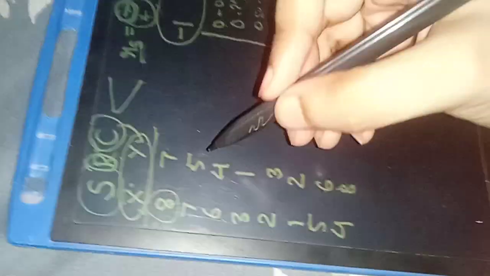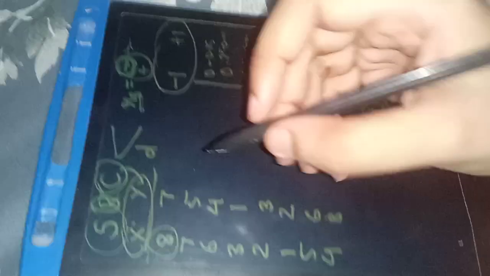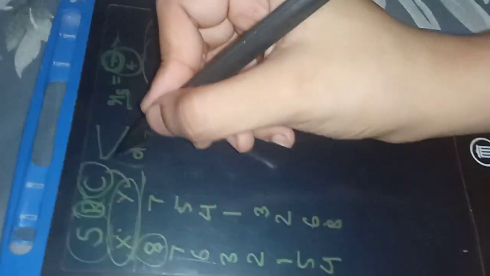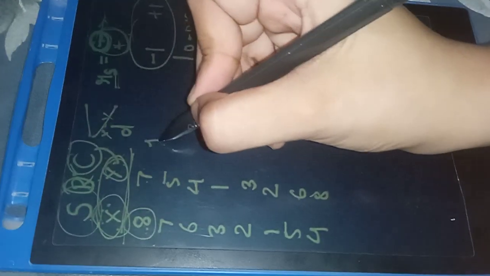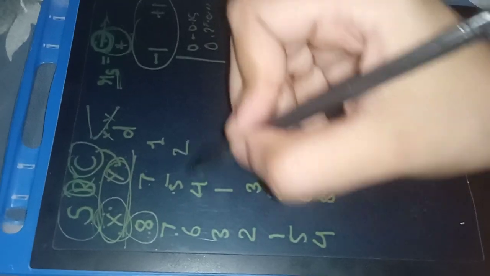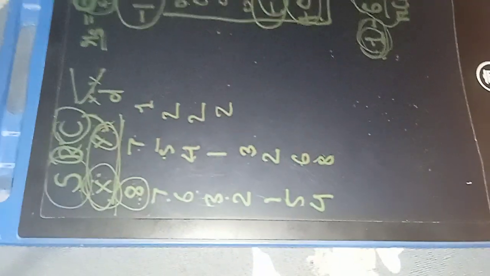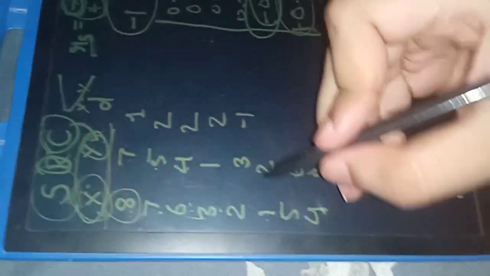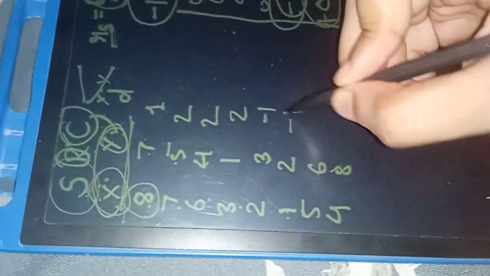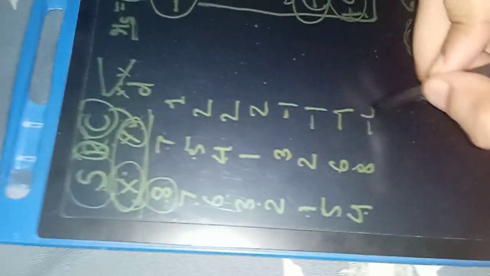Now let's calculate it. We have to find the deviation. How will we get deviation? By subtracting one variable from the other. 8 minus 7 is 1, 7 minus 5 is 2, 6 minus 4 is 2, 3 minus 1 is 2, 2 minus 3 is minus 1, 1 minus 2 is minus 1, 5 minus 6 is minus 1, and 4 minus 8 is minus 4.